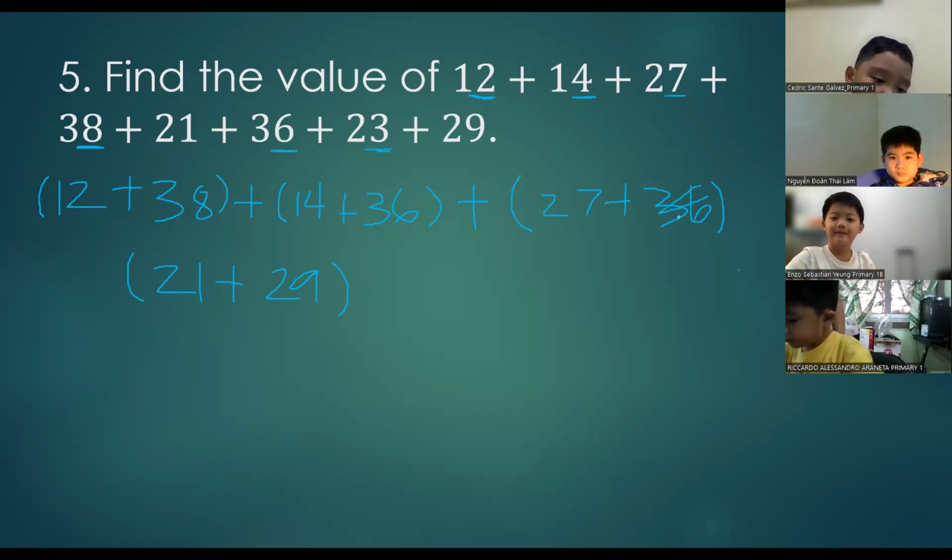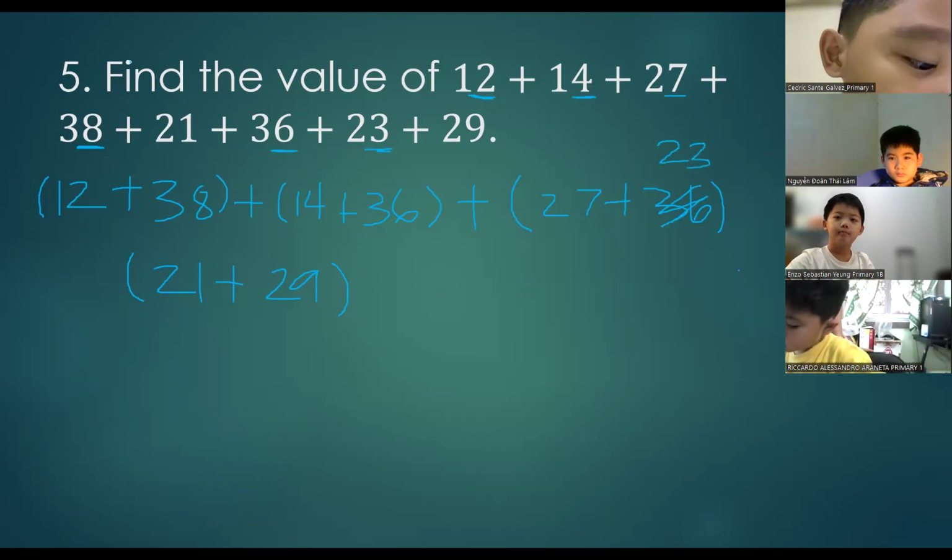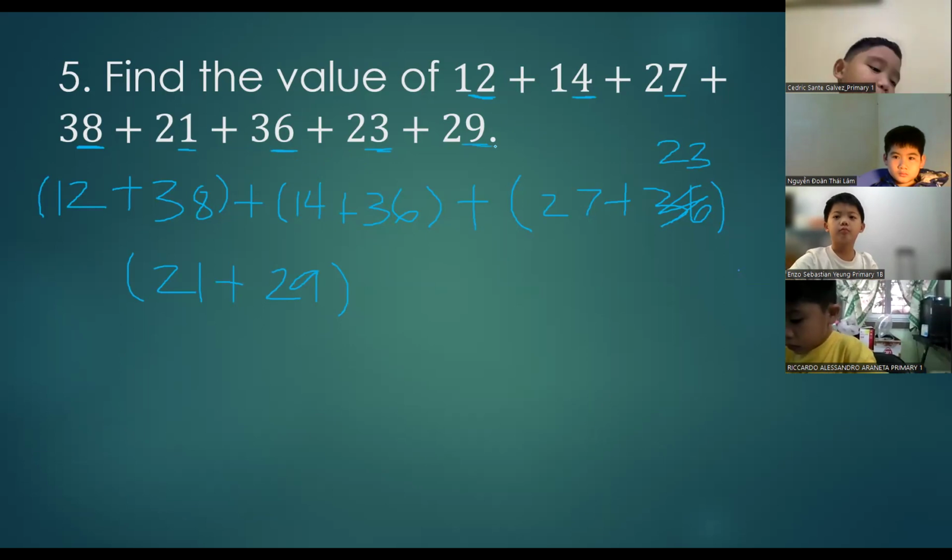So this is 23. And then for 21, it ends with 1. So you need to pair it with 9, so that it will be easier for you to add the numbers. So these are all equal to 50. All the parentheses are equal to 50.